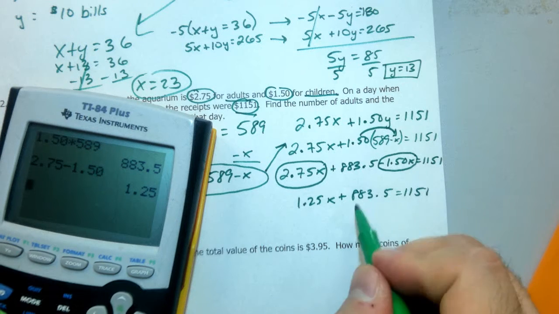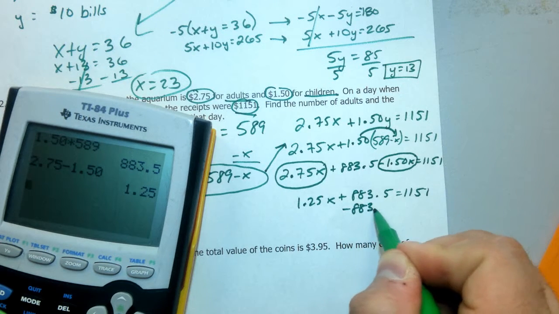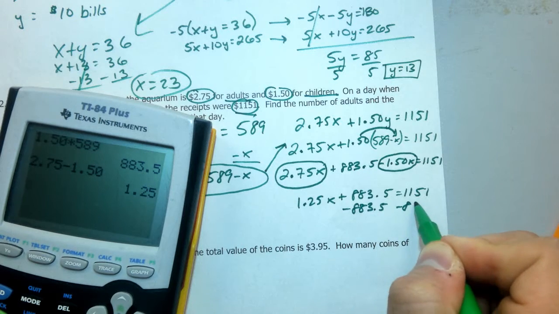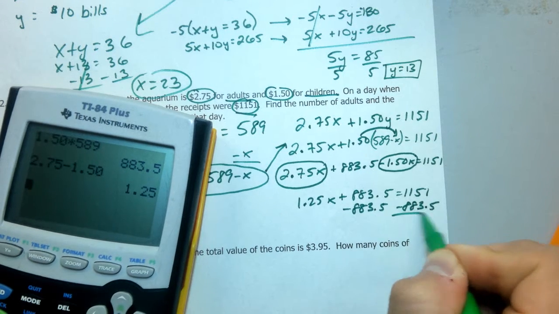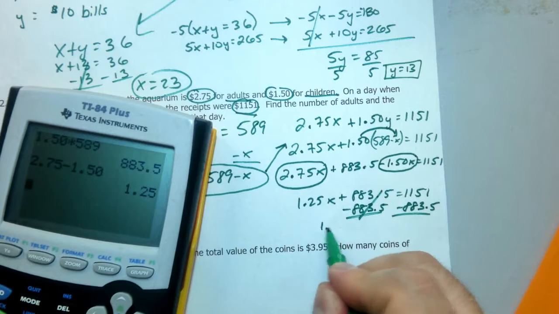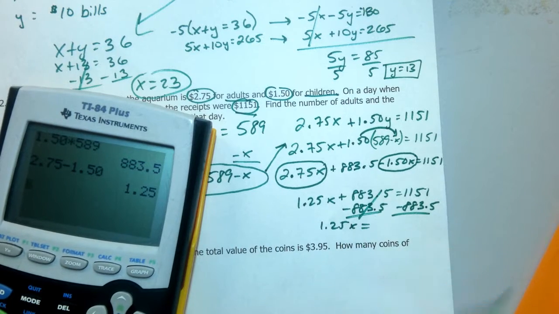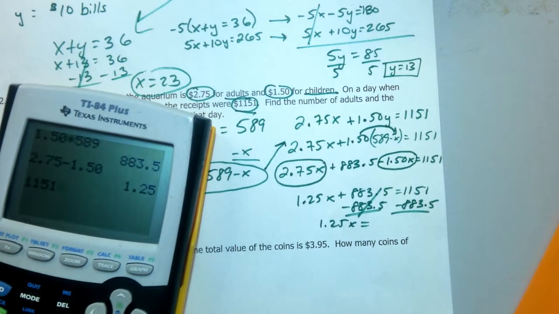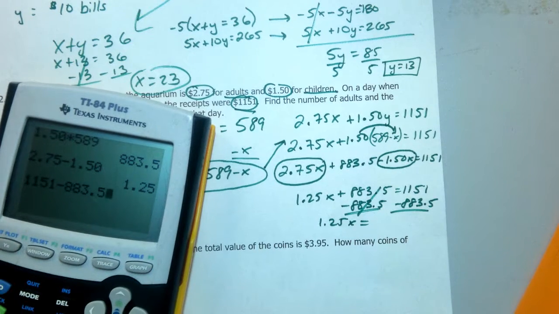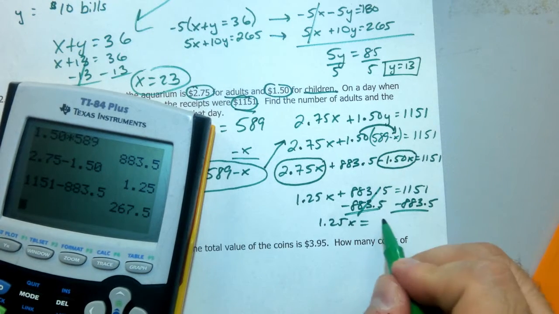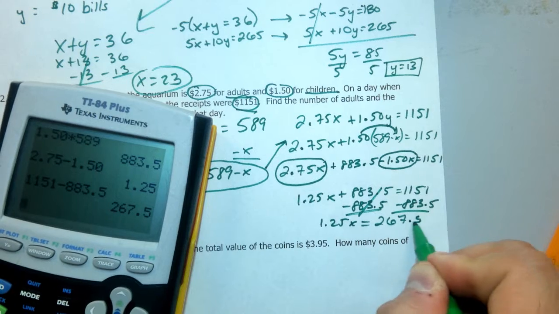And then you're just going to solve for x like you did back in September. So 1.25x equals, and you use the calculator here to assist you, 267.5.